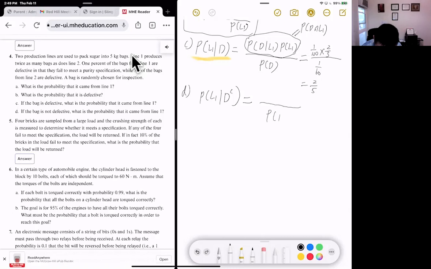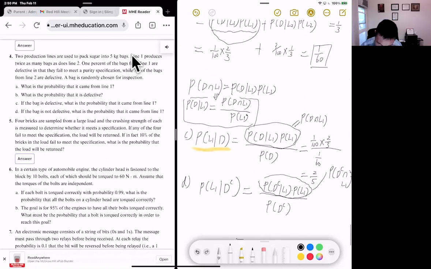That is this. The part on the top is equal to P(D^C and L1).